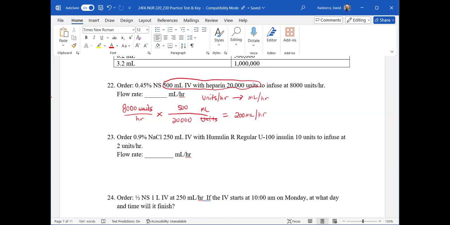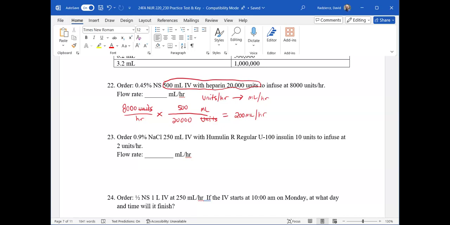So instead of it being like 10 milligrams per milliliter or 125 milligrams per teaspoon or whatever it happens to be, it's just using the IV bag as that source information. And doing and practicing this is exactly what you do when you're doing the heparin protocol. You're just converting units per hour to milliliters per hour for your final answer.